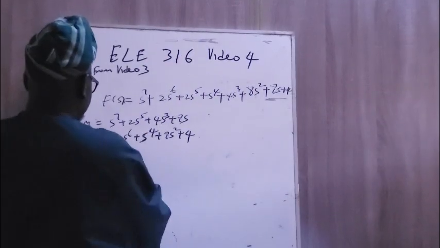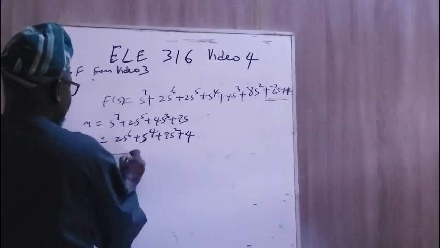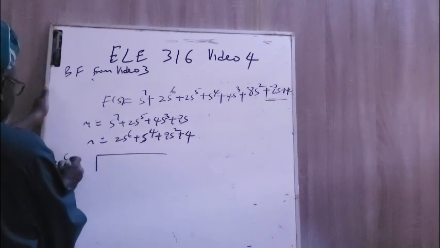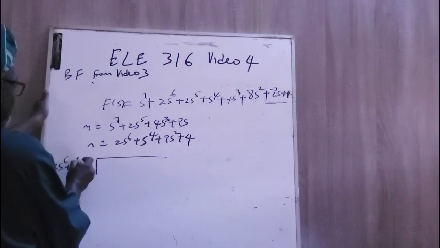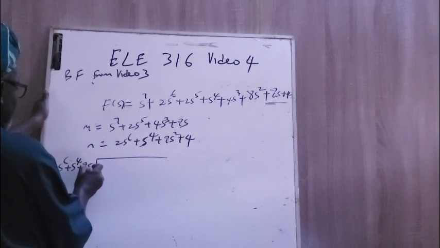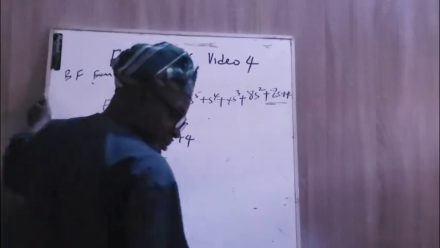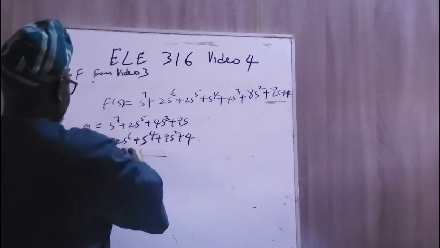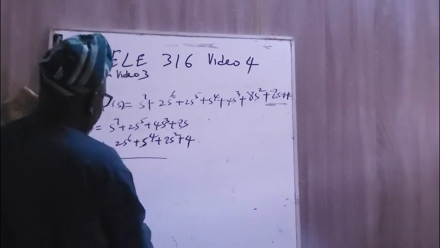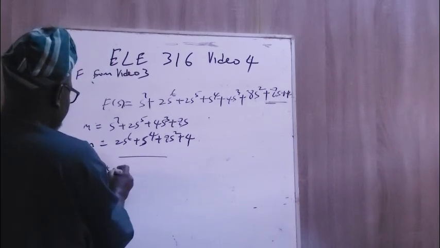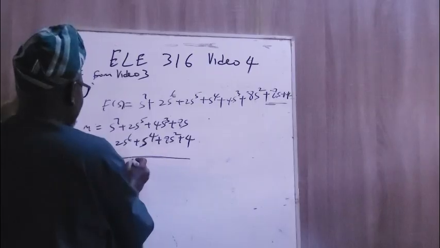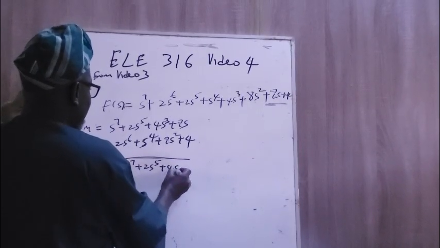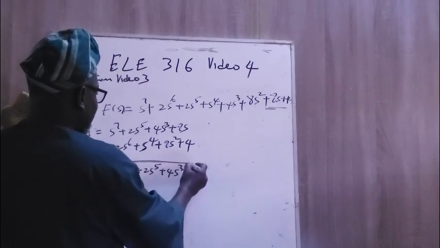Now, we start as usual. We divide s^7 plus 2s^5 plus 4s^3 plus 8s by 2s^6 plus s^4 plus 8s^2 plus 4.